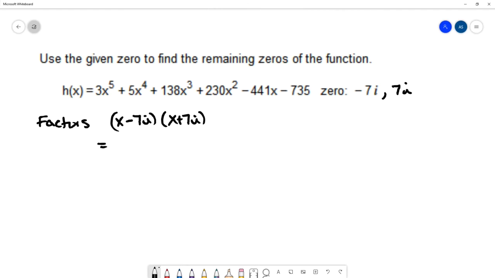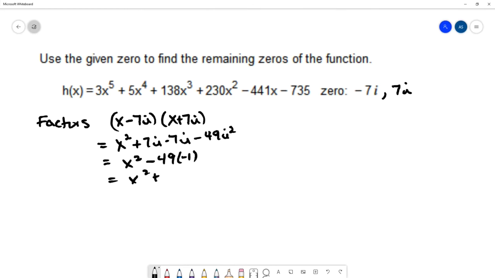I'll multiply this out, and that gives x squared plus 7i minus 7i minus 49i squared. This is x squared. The plus 7i and minus 7i cancel. i squared is negative 1. So we have x squared plus 49.